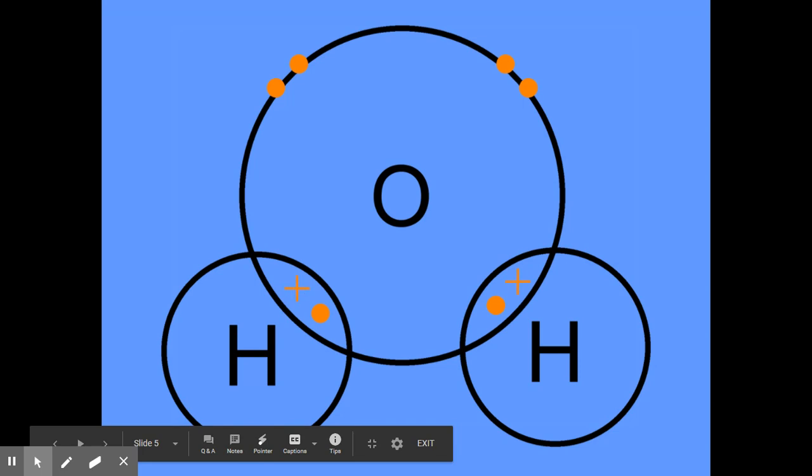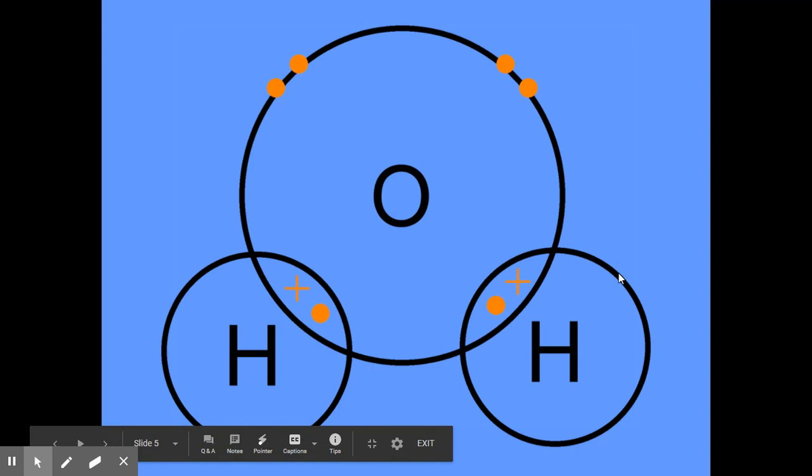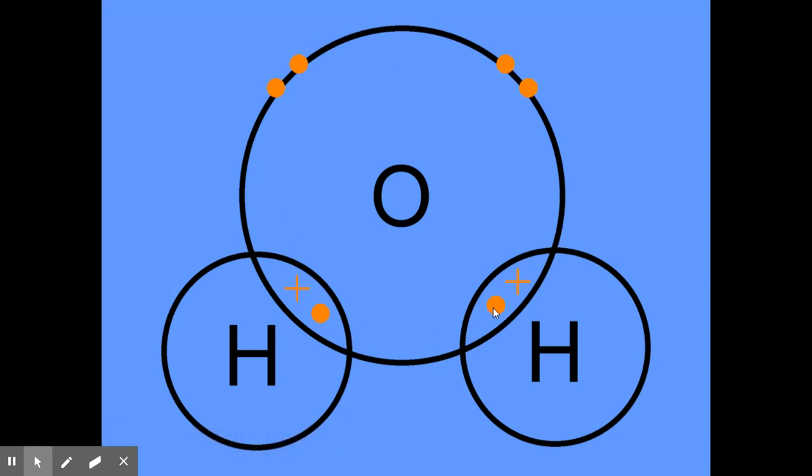The plus represents the proton. Here is another hydrogen with its little electron flowing around here. And then here are the 6 from oxygen. 1, 2, 3, 4, 5, 6. Well, where are the other 2 from hydrogen? It's represented here by this plus, meaning it's added to oxygen.